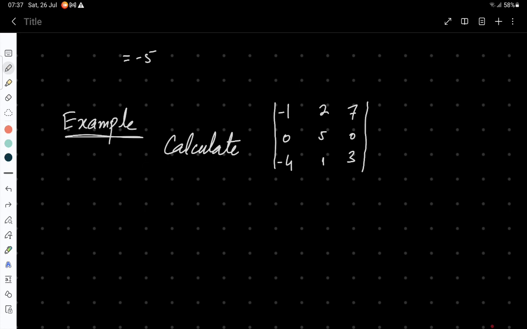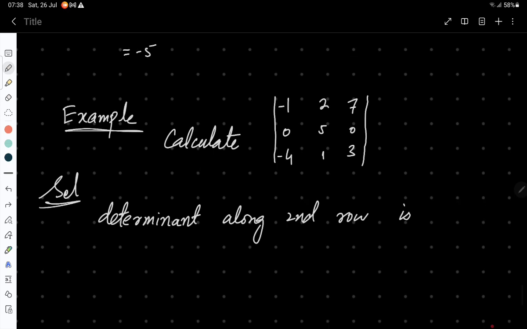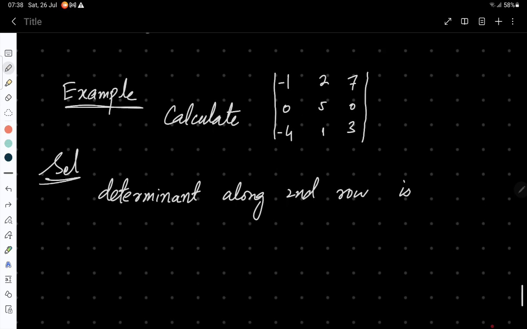If you look at that row or column, then you will avoid a lot of calculations. You can check that in the second row there are more zeros, so I will expand the determinant along the second row because it has 2 zeros and only 1 nonzero entry, to avoid the calculations.